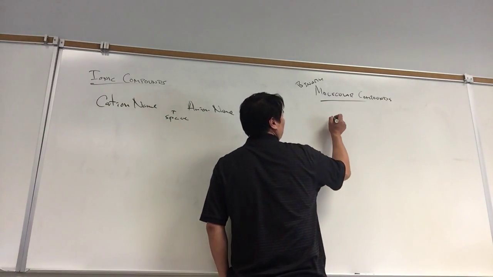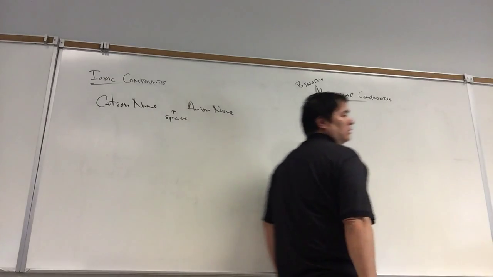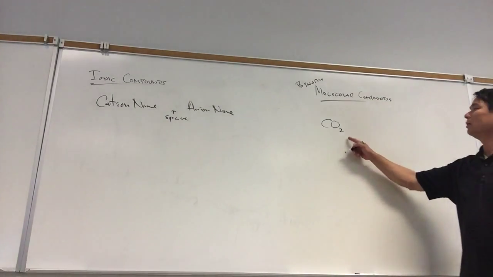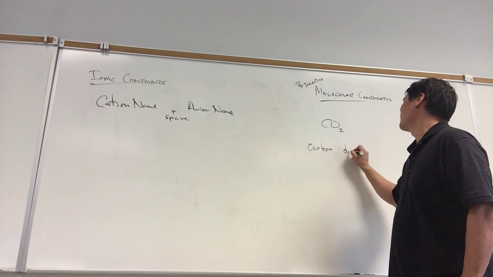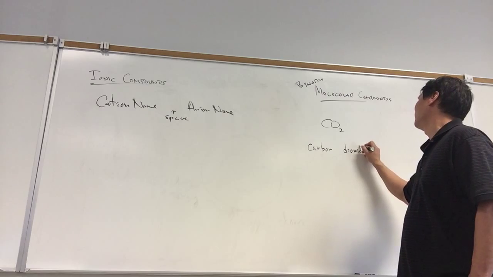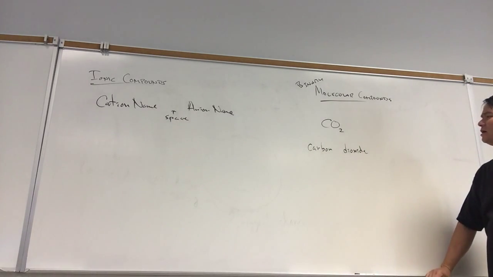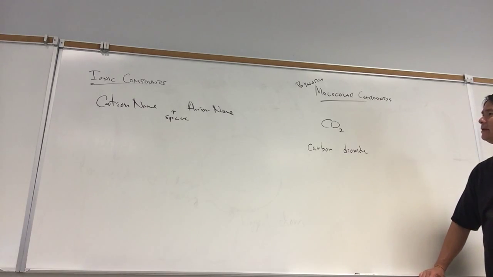For example, CO2, carbon dioxide. For molecular compounds, we use prefixes that tell us how many of each. So one carbon, two oxygens, if it's not specified. So carbon dioxide.